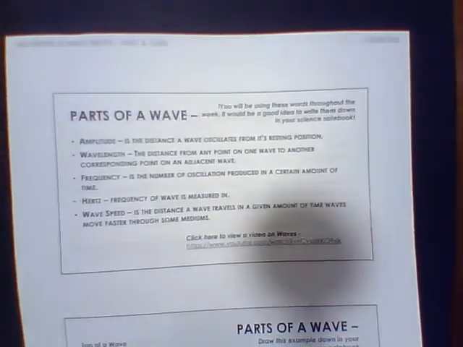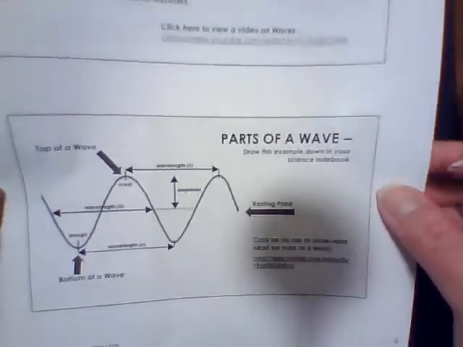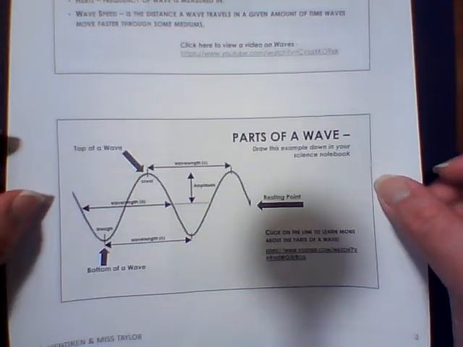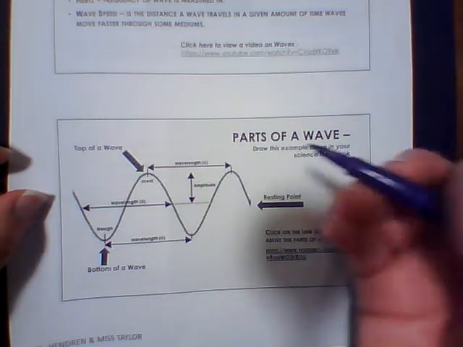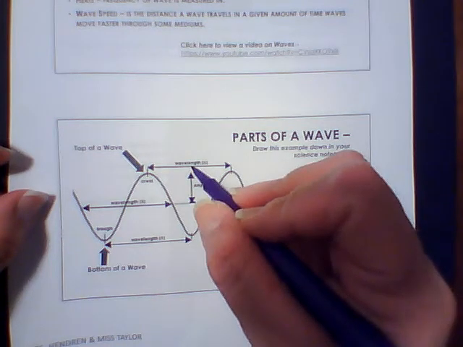Now, with every wave, there are certain characteristics you need to know. For example, you have the amplitude, the wavelength, the frequency, the hertz, and the speed. When you look at a wave, you're going to have the amplitude. The amplitude is usually from the resting area to the top of the wave.